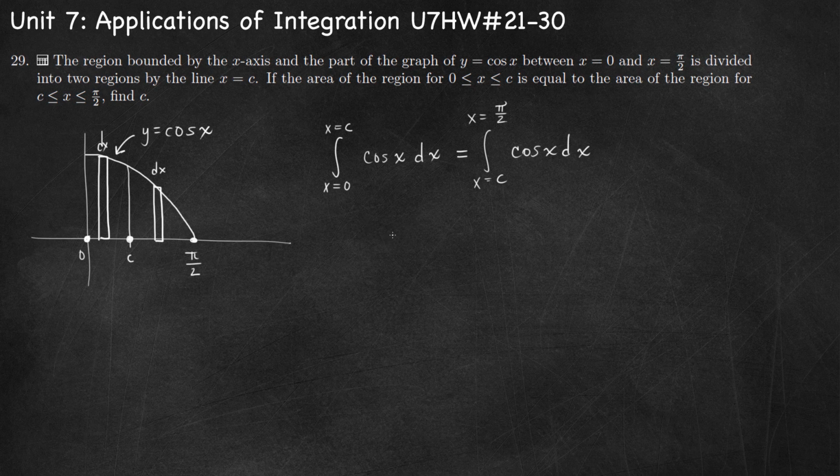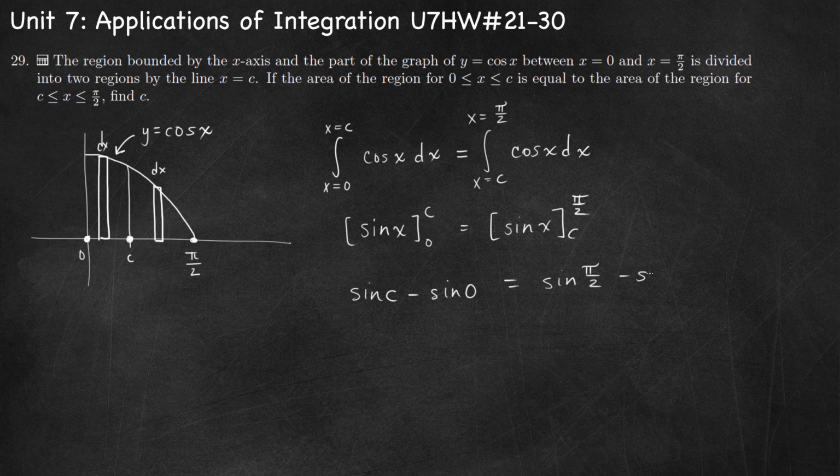So the antiderivative for cosine x is sine x, and we're evaluating sine x from 0 to c, setting that equal to sine x from c to pi over 2. So sine of c minus sine of 0 equals sine of pi over 2 minus sine of c.